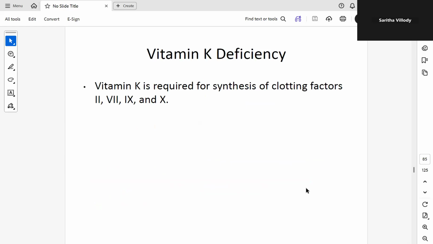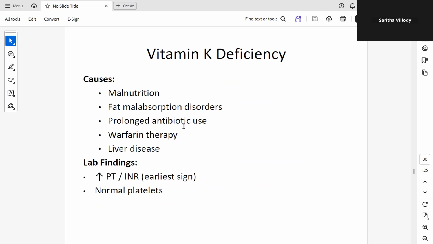Now let's look at the next one, which is vitamin K deficiency. Vitamin K is required for the synthesis of clotting factors 2, 7, 9, and 10. So any deficiency in vitamin K as a result of malnutrition, malabsorption, prolonged antibiotic use, warfarin therapy, liver disease, you will see deficiency of all those clotting factors.